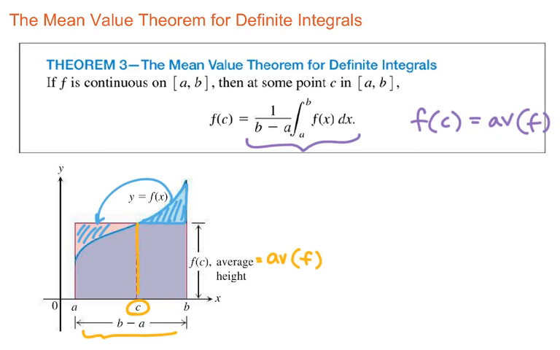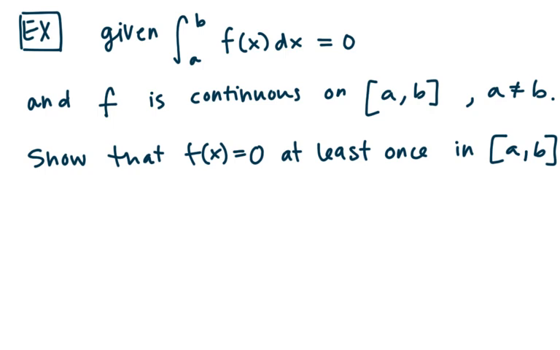So let's do a brief example that illustrates this. It's going to be a rather abstract example. Here we are given an integral of a continuous function f of x on a closed interval a, b. And we know that the value of that integral from a to b of f of x, integrated with respect to x, is equal to 0.